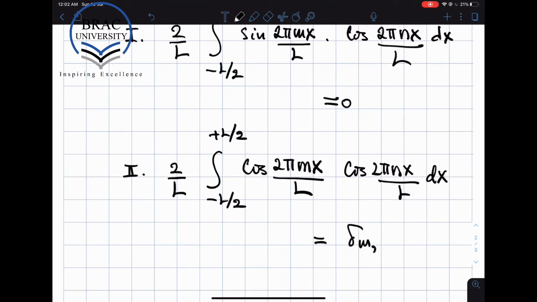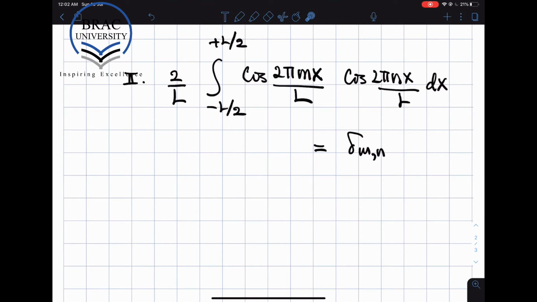This is quite easy to show. You can of course do this integral separately, but I will show a nifty way of doing all of them at the same time after this. And then we need to also specify what happens when we integrate two sine functions.